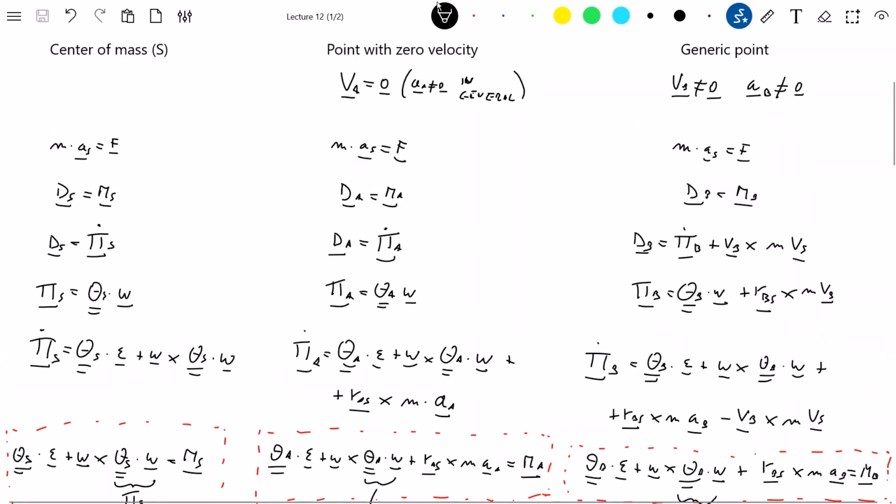I expect that you must know this equation. Also, this equation you should know, and this one is also very useful. If you know this one, this equation is very easy to derive from it.